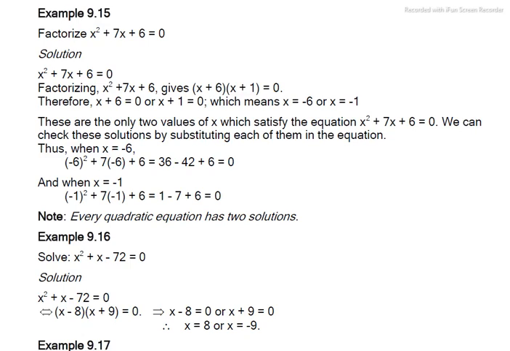The suitable factors are 8 and 9. If we make 8 negative and 9 positive, we add them to get 1, and still multiply them to get negative 72.